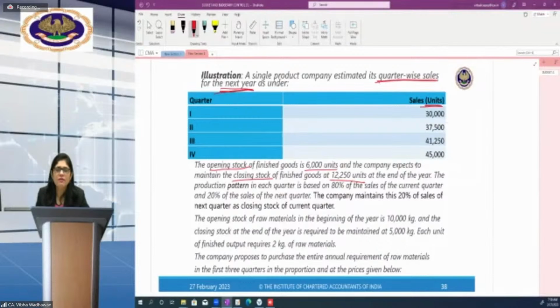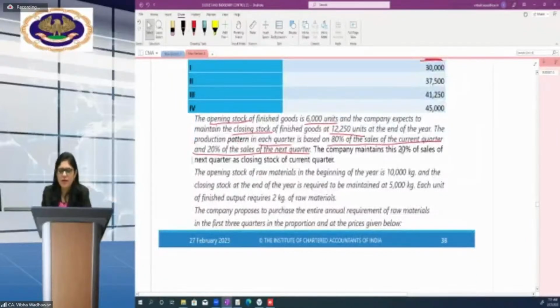They are not giving us the pattern of the closing stock or the opening stock, right? So the production pattern in each quarter is based on 80% of the sales of the current quarter and 20% of the sales of the next quarter. All right. So this is how they are asking us to do it.